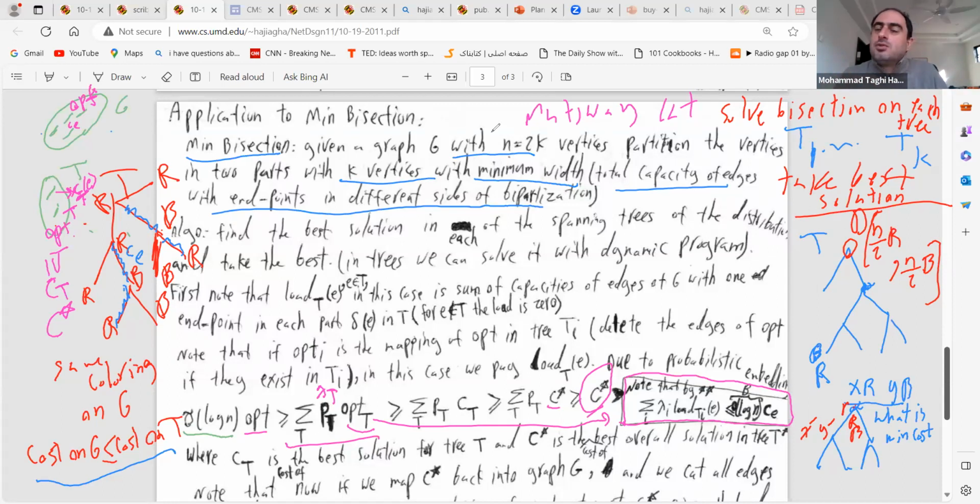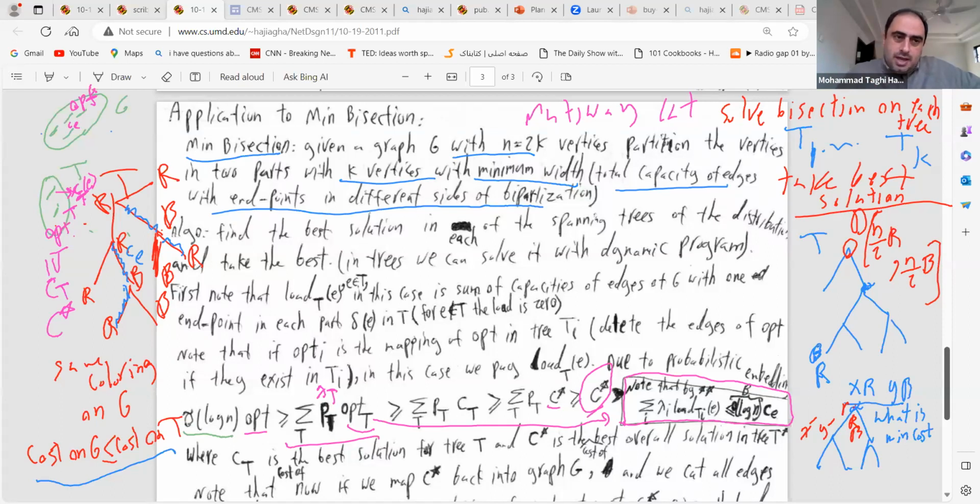Almost all of them you can get an exact solution, an optimum solution in polynomial time. Even if not polynomial, you can get a much better approximation. There are some cases where you may need to get an approximation on trees, but that is still much better and much easier than on the original graph. Then you just solve the problem on the tree and then for the original graph. That's the beauty of this theorem.